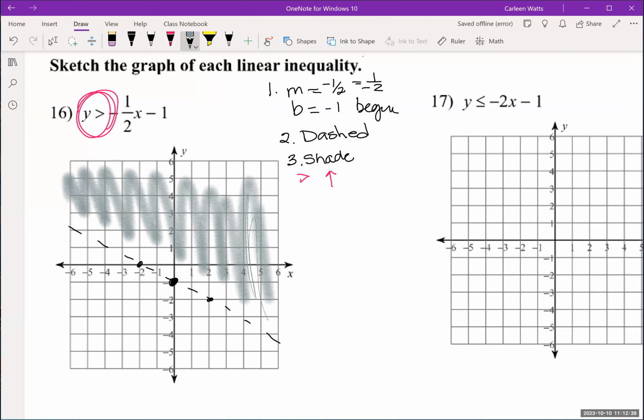Okay, so we got a question. How do you know which way to shade? If it is solved for y, greater than will shade up, less than will shade down. I want the points less. No, for this one, I want the points greater than the line. Does that make sense?